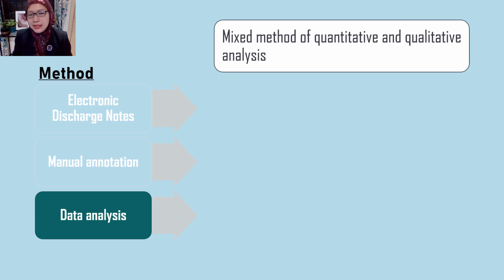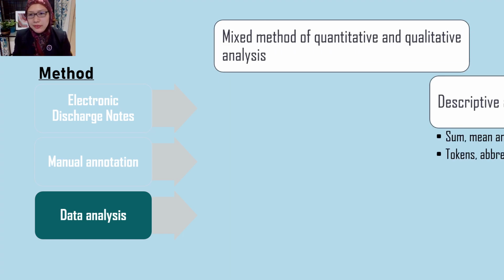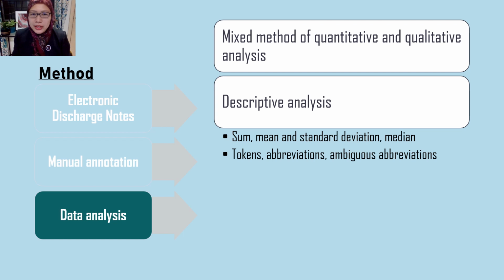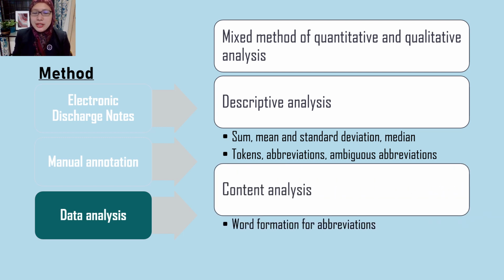The data analysis is basically quantitative and qualitative. The descriptive analysis looks at the sum, mean, standard deviation, and median of the tokens, abbreviations, and ambiguous abbreviations. Whereas the content analysis looks into the formation of the abbreviations, which will be the features of those abbreviations.